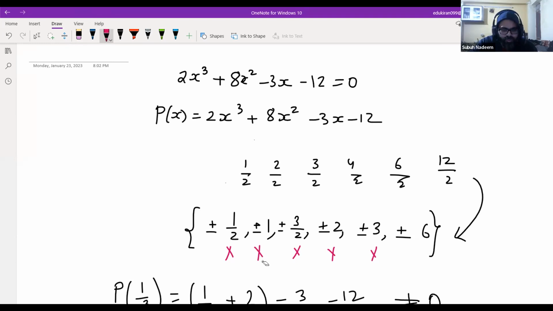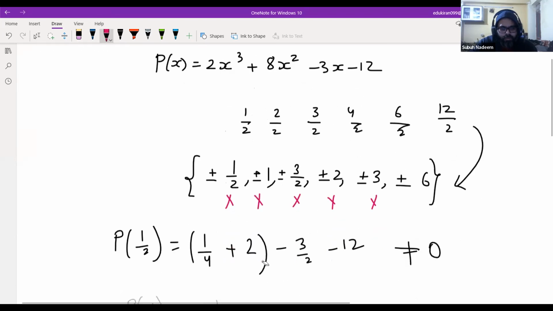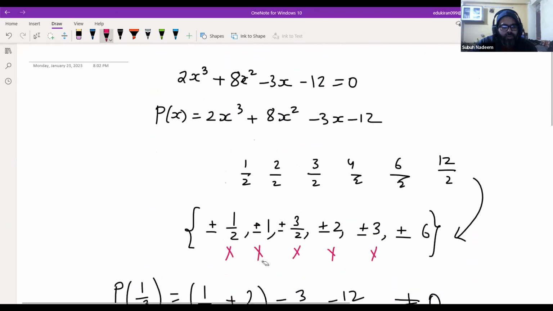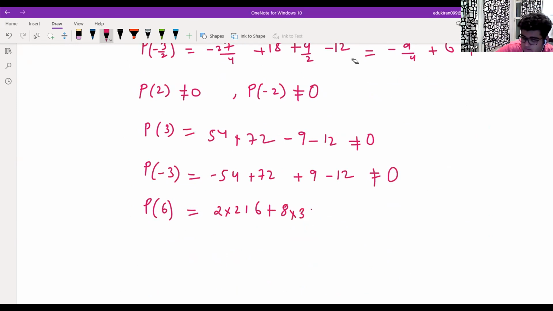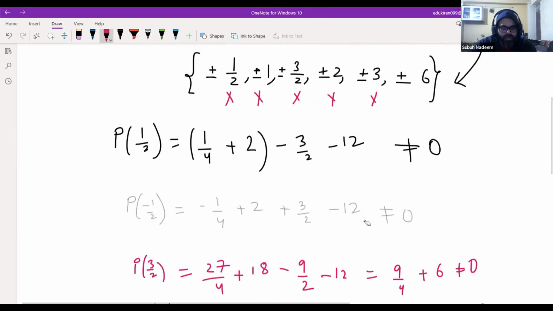So let us come to the final result. I think we have done everything correctly. Okay, so let's try for 6 as well. For 6, 2 into 216, 36 into 8. I don't think so, because 6 cube will be big. So minus 6 will come.